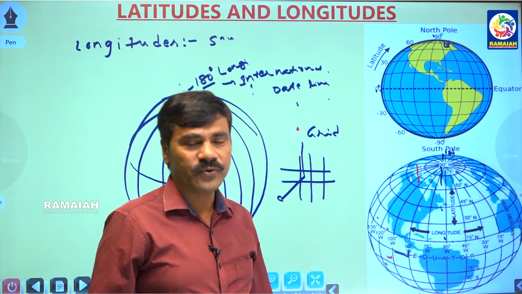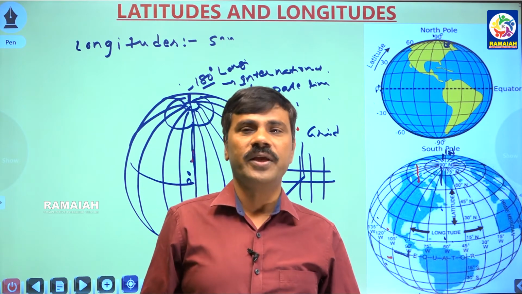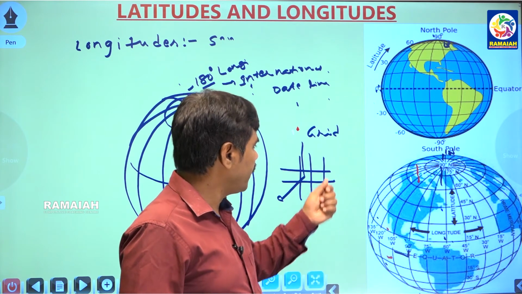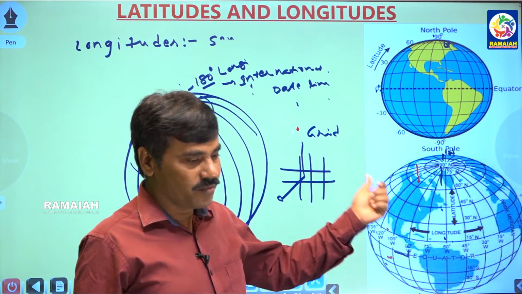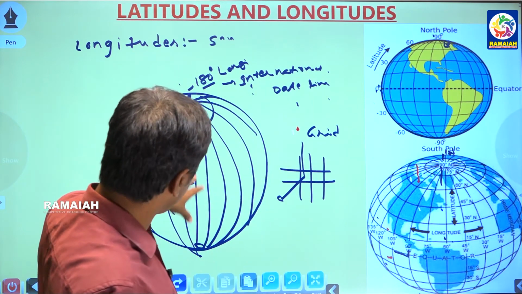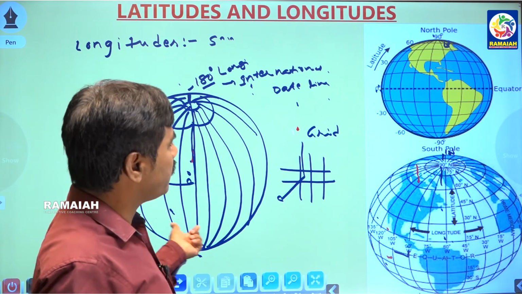If you want to find out about a place, this is very helpful for us. To find the importance of a place, latitudes and longitudes are very important, some of the main concepts.